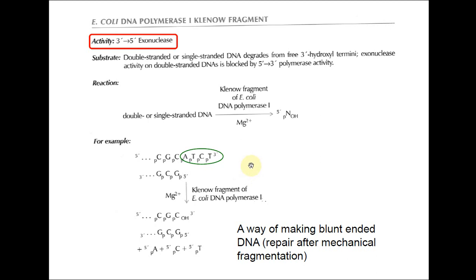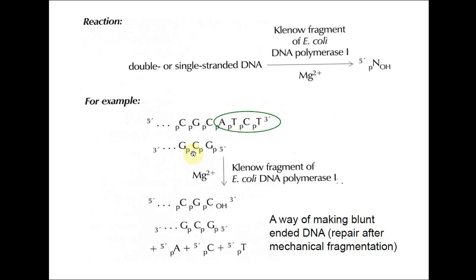DNA pol 1 also has 3' to 5' exonuclease activity. This can remove bases from the 3' side as well as from the 5' side. 3' to 5' exonuclease means from this end to this end it can remove nucleotides.